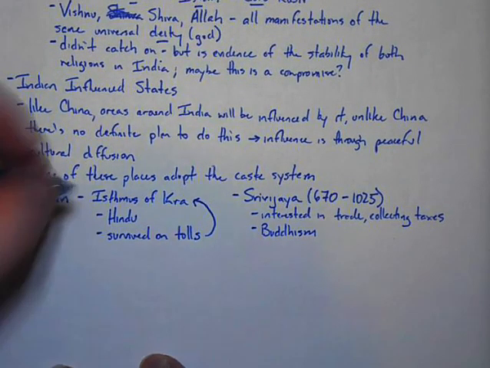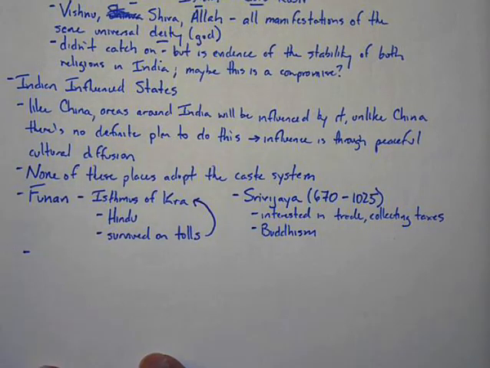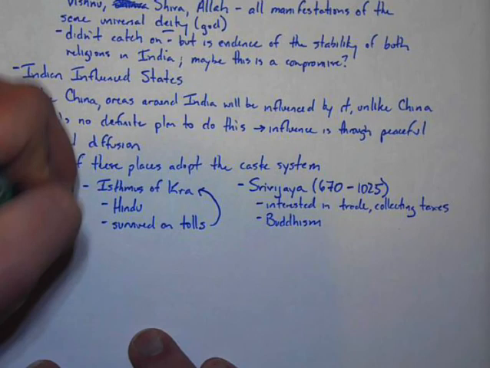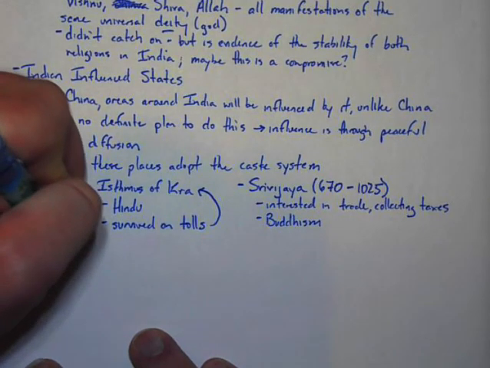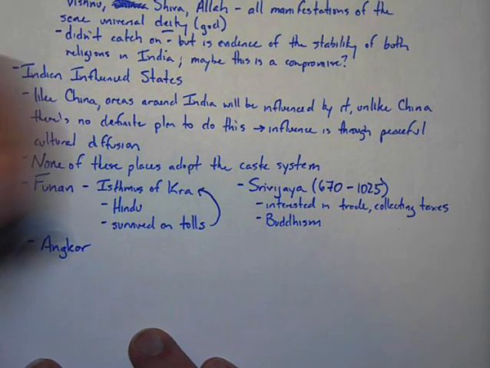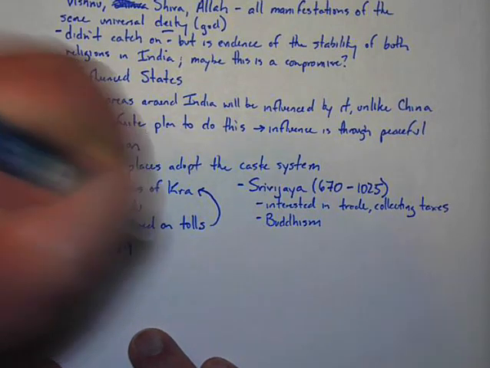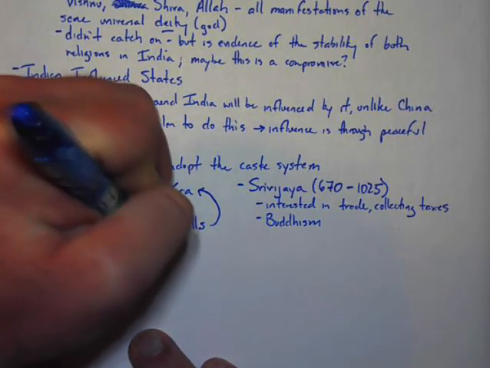Now, maybe the most famous of these Indian-influenced states is this one called Angkor. So Angkor is from 889 to 1431.